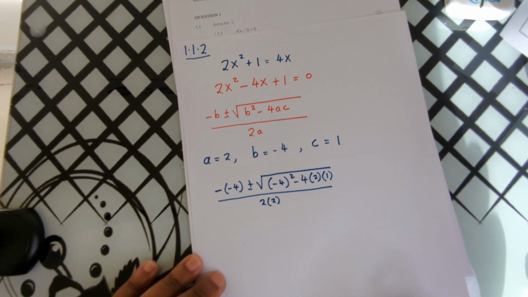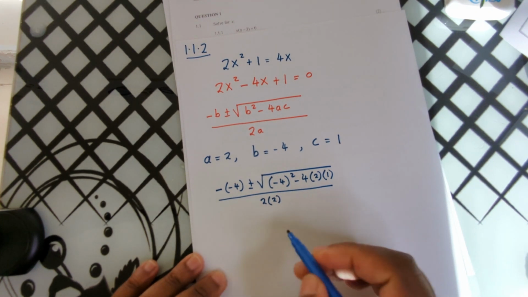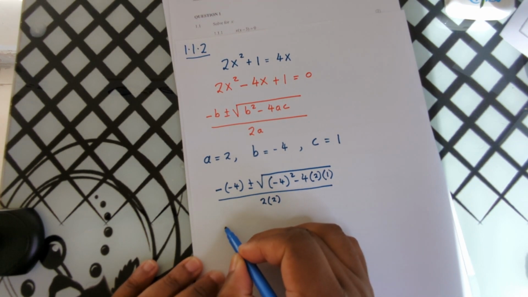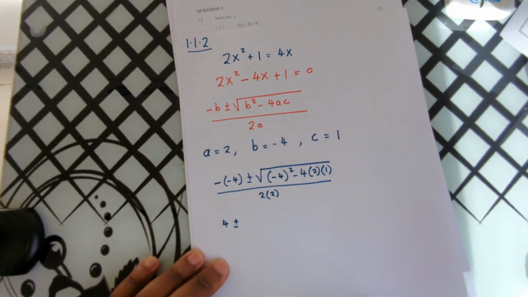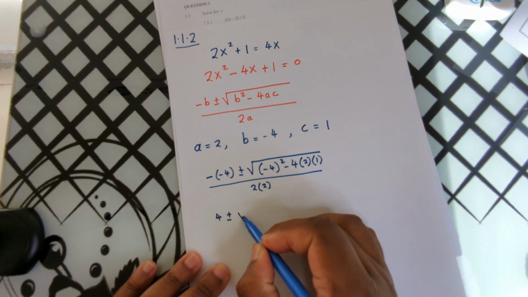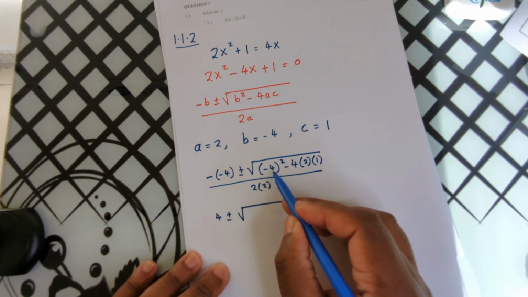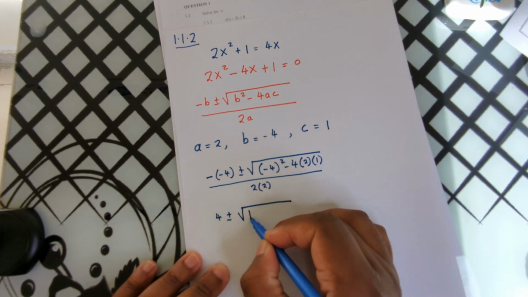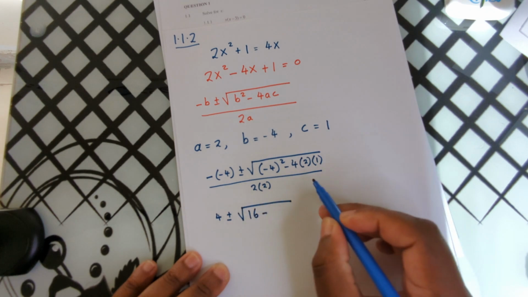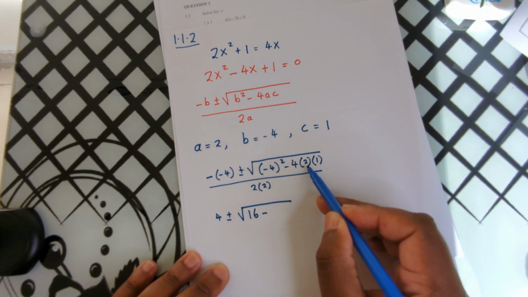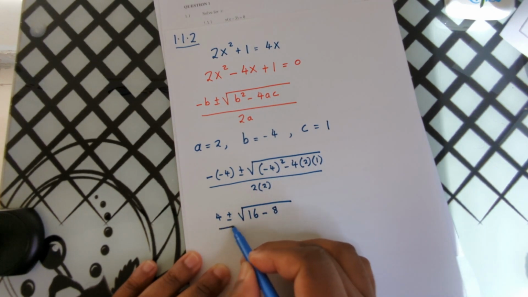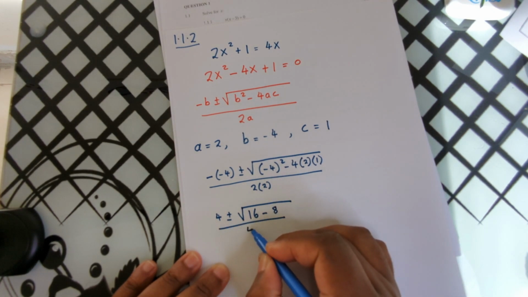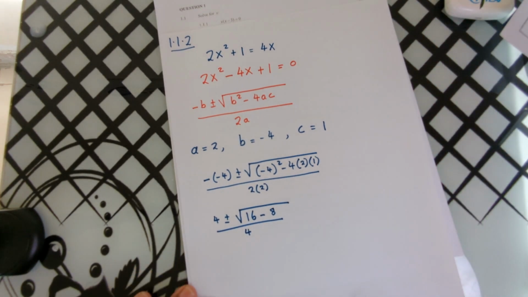Now let's simplify it. So the first number is going to change into a positive 4. So we're going to have positive 4 plus or minus the square root of negative 4 to the power 2, that's positive 16, minus 4 multiplied by 2, that's 8, multiplied by 1, it remains 8, divided by 2 multiplied by 2, that's 4.